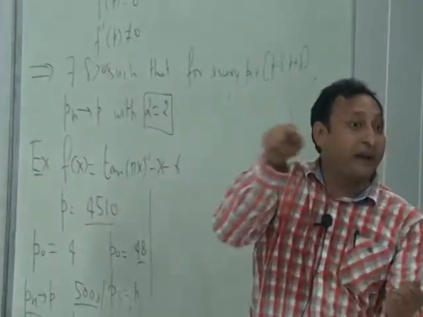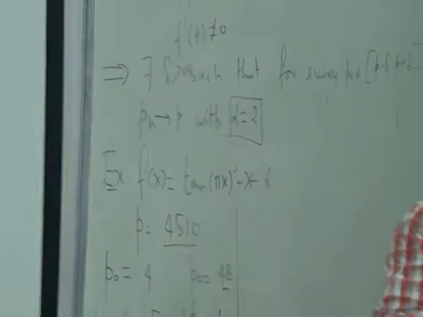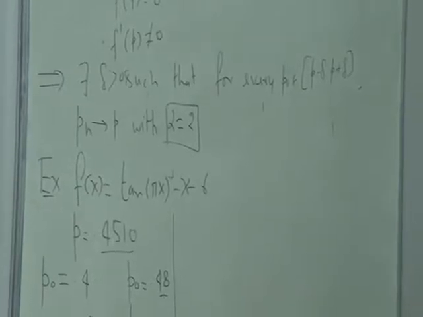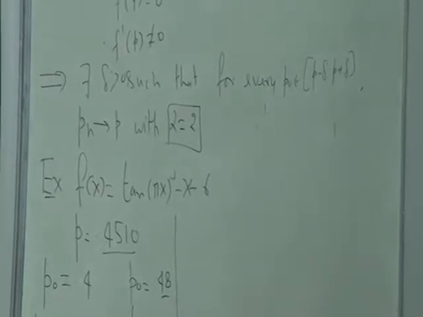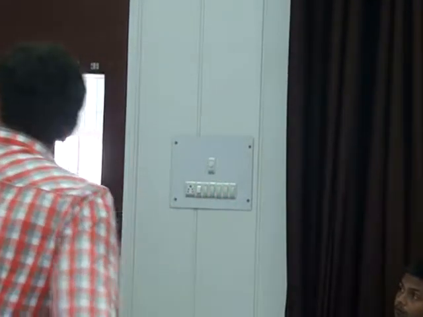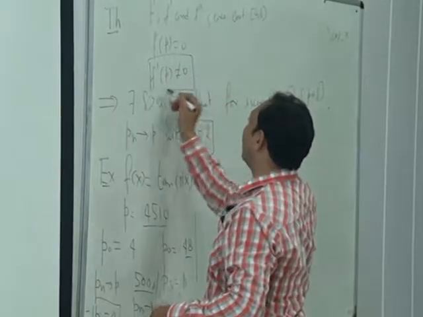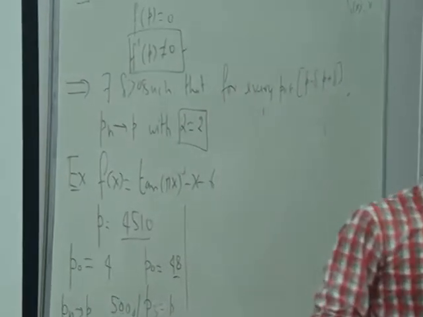Suppose you have a function with multiplicity 2. In that case, f dash p will be 0, definitely. Then how do I make use of it? Because everything is based on this. Since I am not doing the proof, that's why this is the requirement.